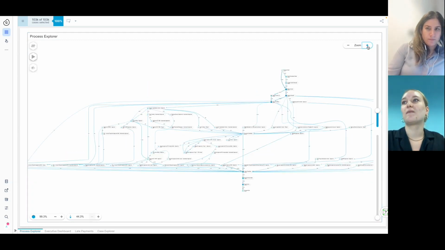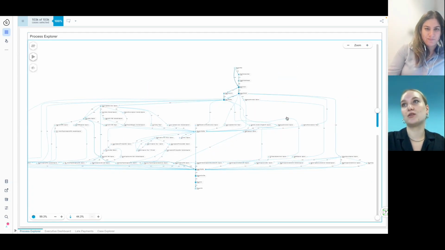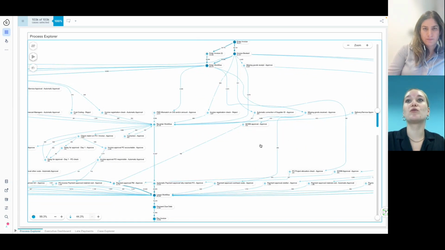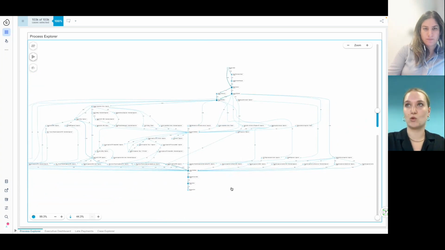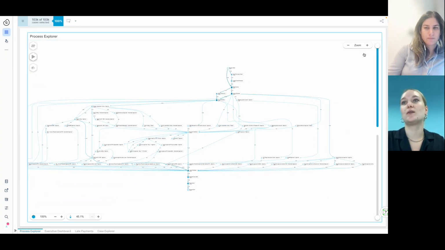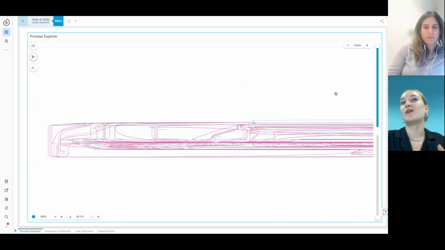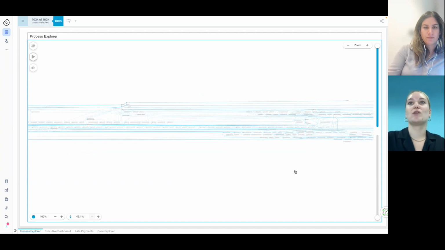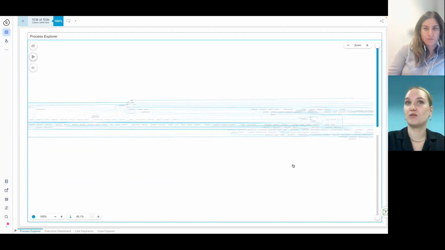We can see a lot of different undesirable activities happening as well, some rejections, some approvals that reoccur multiple times, and so on. And if we include really everything in our process, it becomes a very overwhelming spaghetti model of everything that happens in your process. So this is basically a summary of every single deviation you have in your process.